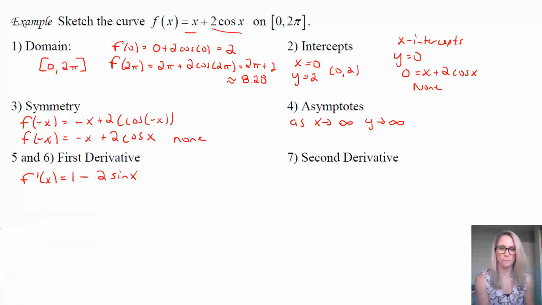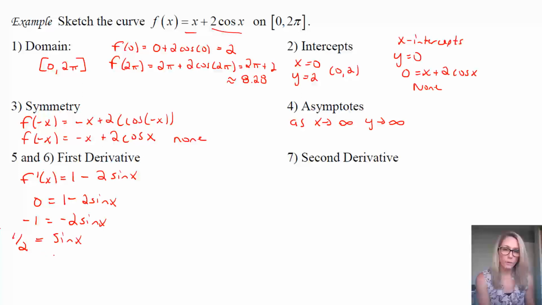So here's our derivative, and of course we're trying to find any critical values, places where the first derivative is equal to 0. So we'll do this, and then we do this, and then we divide. This is where knowing things about your trig functions is important. You should be able to do this fairly quickly, thinking about when sine x equals 1/2 on that domain of 0 to 2 pi.